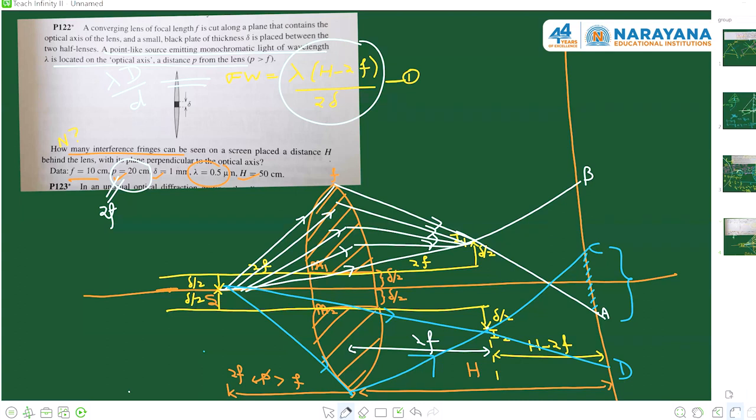Now, we need to find out the length of this section. If I can find out L here, let me first find out what is the value of L there. So all the distances are known. Now find out what is L there. What is coming out as your L?